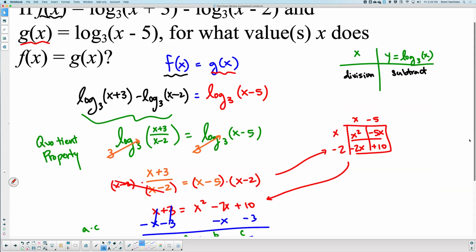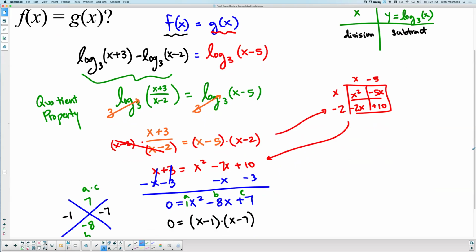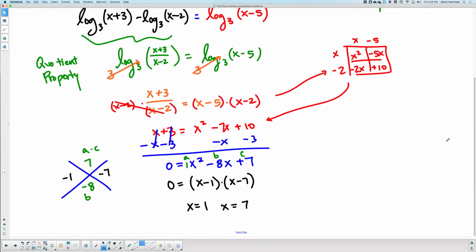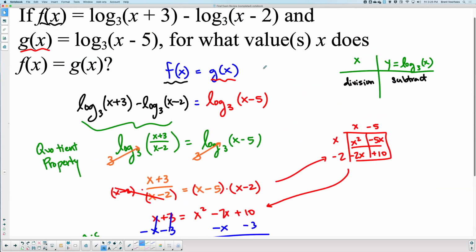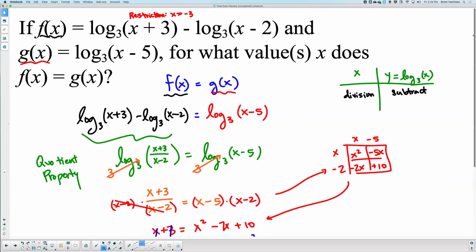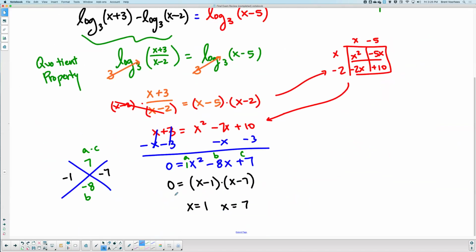So far so good: 1 and 7 are both greater than negative 3. When I check the next logarithm, for it to be defined, x has to be greater than 2. Well, the answer 1 is now out. That must be extraneous. That is outside the domain.